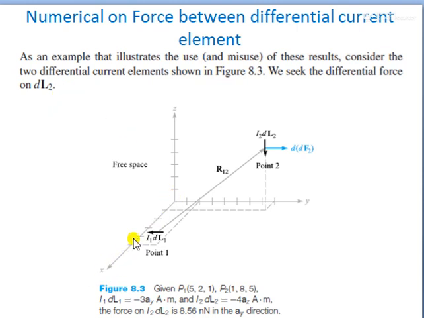On the x, y, z axes, this is I1 dL1 at point P1, and I2 dL2 at point P2. The distance between these two is R12.